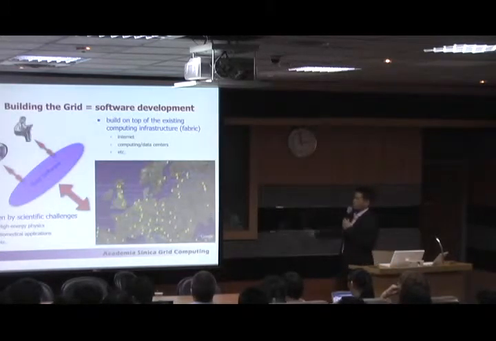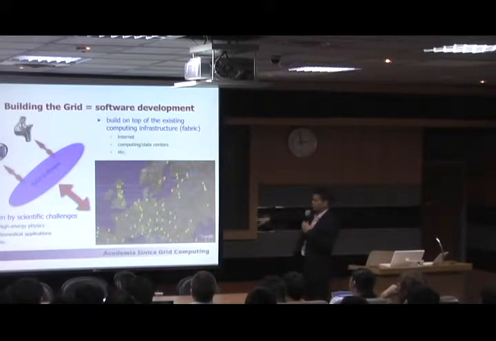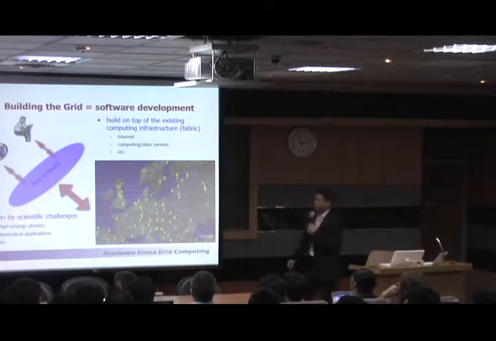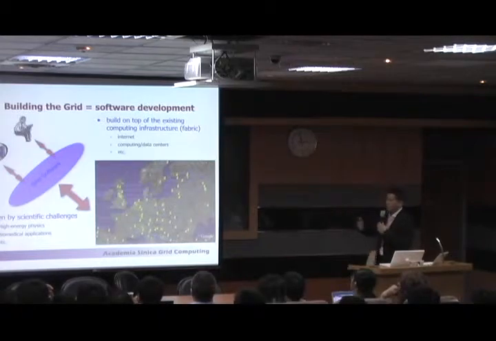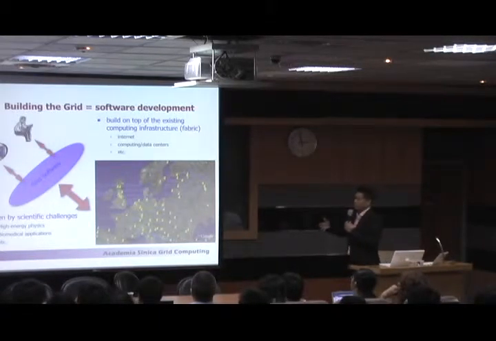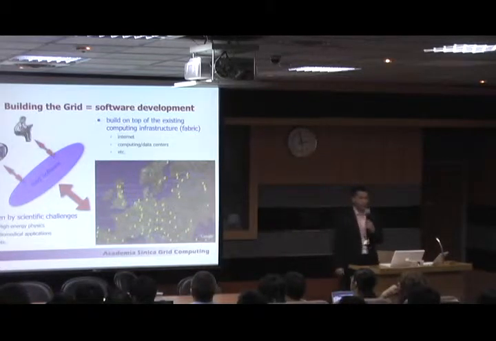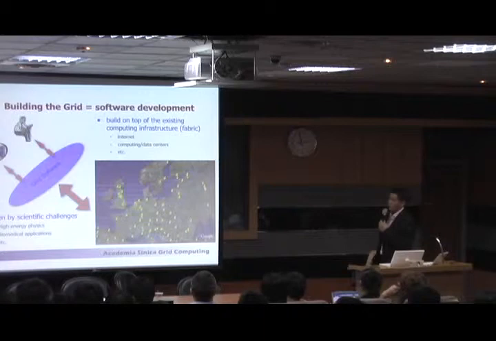Here is just an example of a European grid project. We show it on Google Earth. The marks on it are the clusters or computing centers which contribute resources to these grid projects. They are connected with a high performance network, and they can share resources with each other.